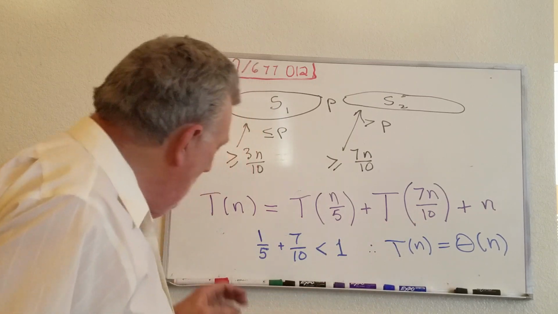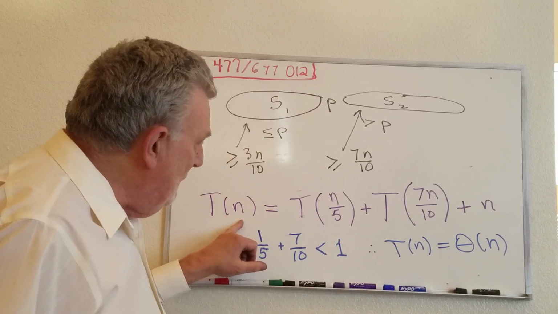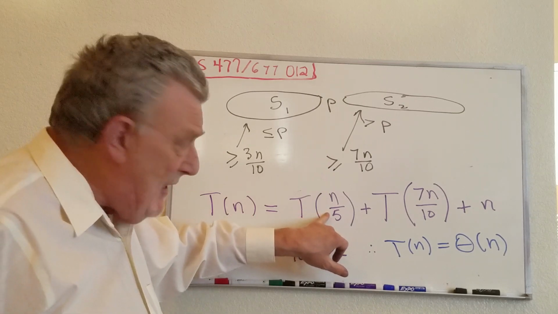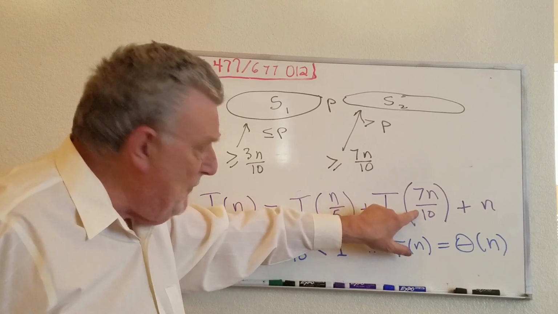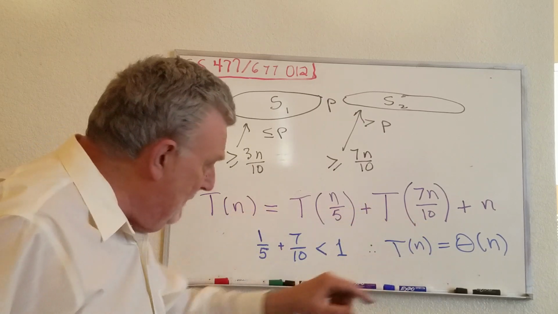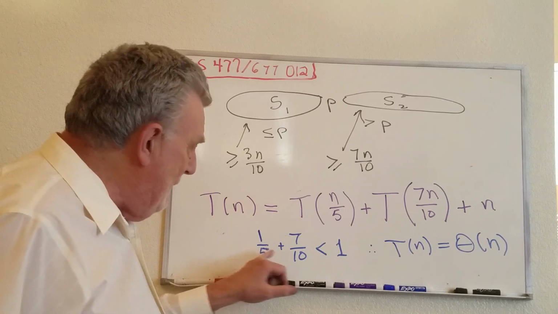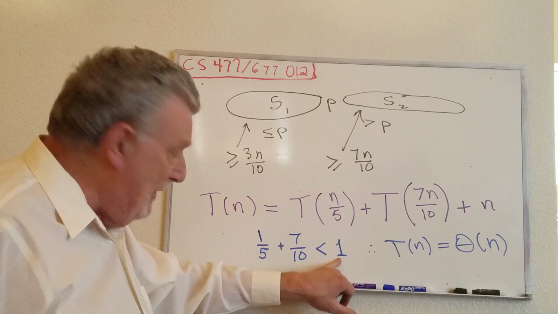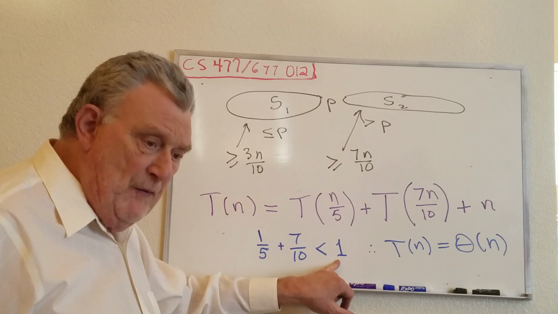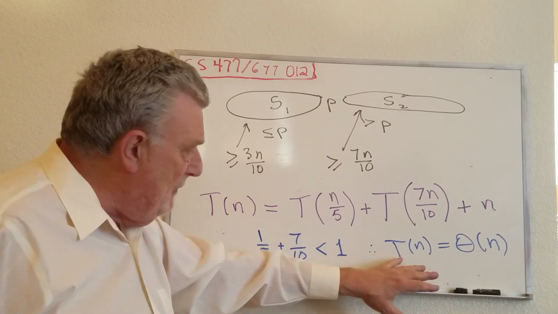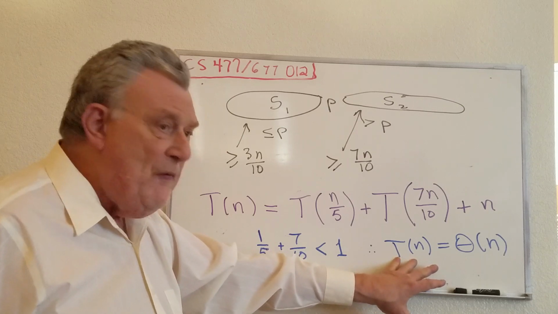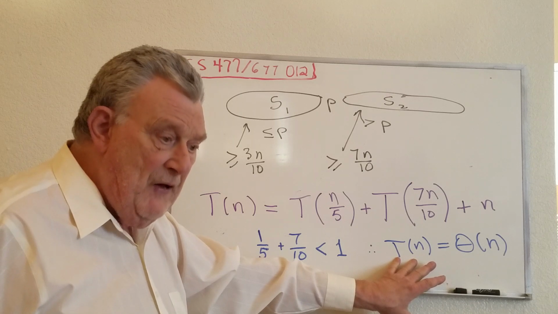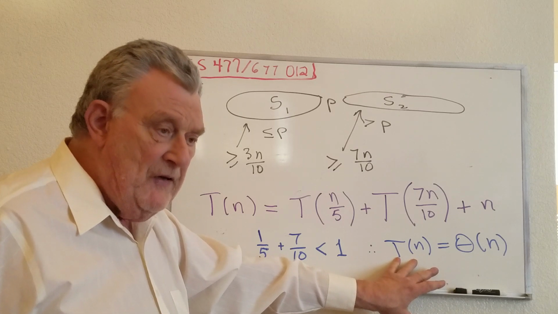So, when we execute the find algorithm, we're going to recursively call it with n over 5, then again recursively with no worse than 7n over 10. And now you notice that 1/5 plus 7/10, which is 9/10, is less than 1. And by the generalized master theorem, which I've told you, T of n is thus equal to theta of n, and that's deterministic. And hence the algorithm works deterministically in theta of n time.